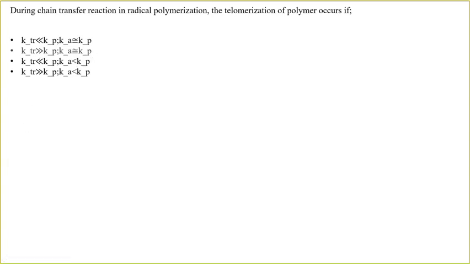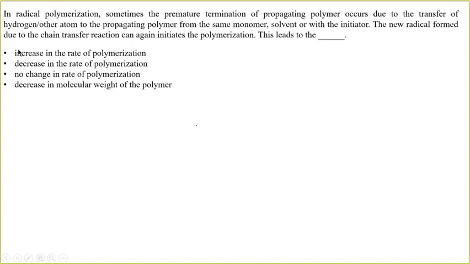So the reinitiation radical reaction rate is equivalent to the original propagating rate. So that's why option B is the correct answer: KTR is greater than Kp and Ka is equal to Kp. So the second option is the correct answer.